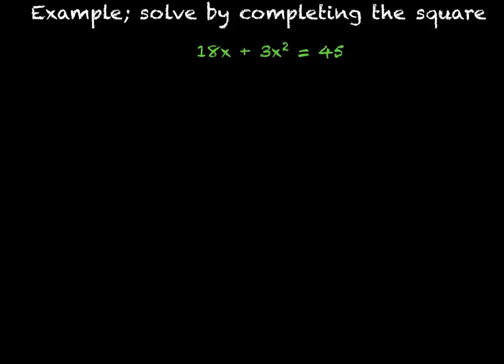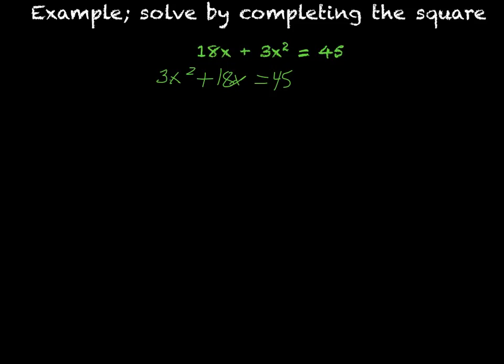For this next example, we have 18x plus 3x squared equals 45. So the first step I'm going to do is write it in my standard form. 3x squared plus 18x equals 45.